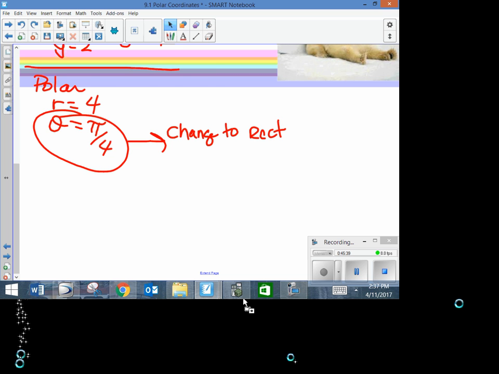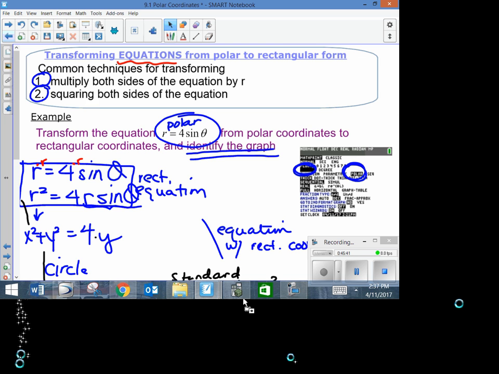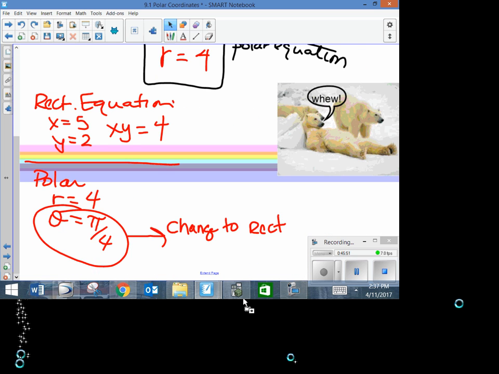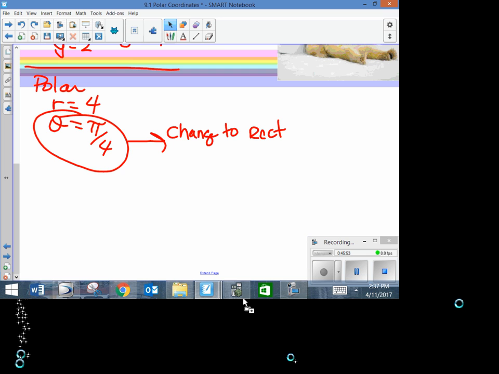We have two methods: multiply by R, or square both sides. Anybody have a suggestion? What do you want to do?